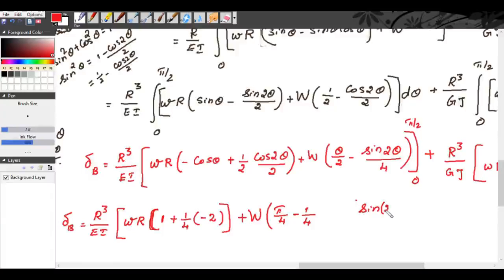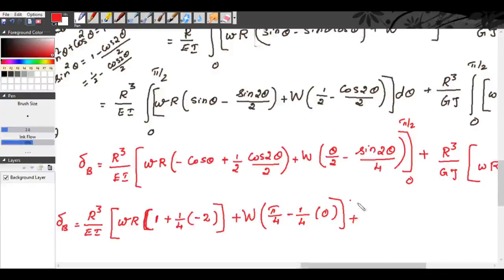Sine 2 into pi by 2 minus sine 0. Sine 0 is 0. Sine pi, that means sine 180, is also 0. So we get 0. So minus 1 by 4 into 0.